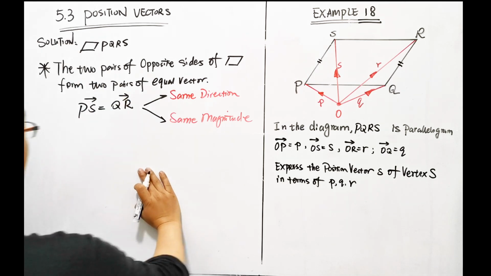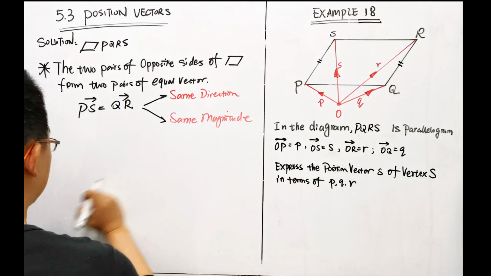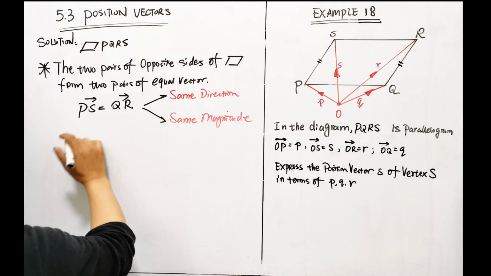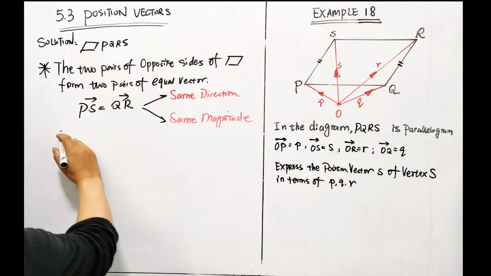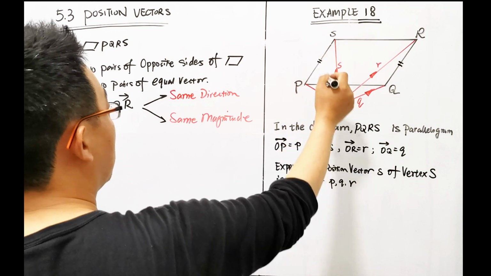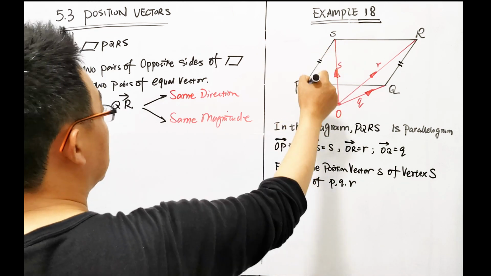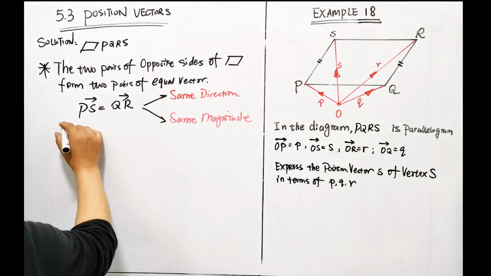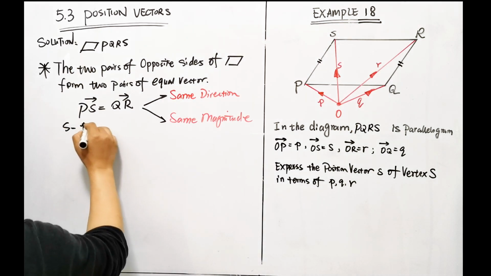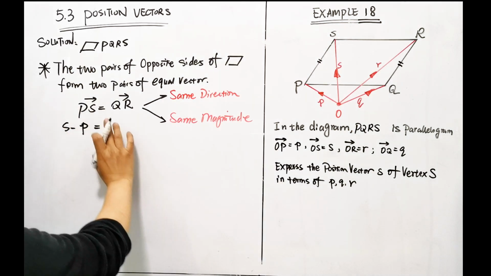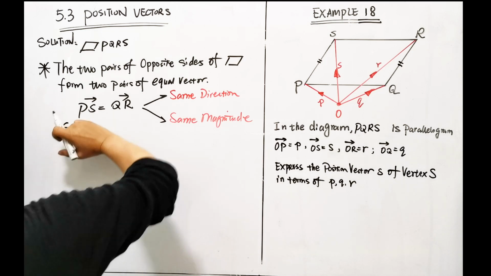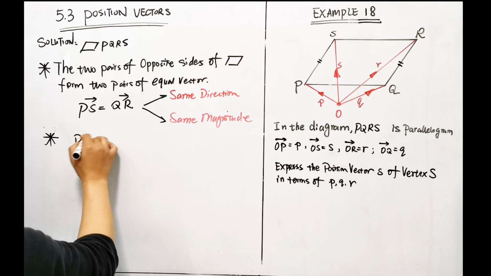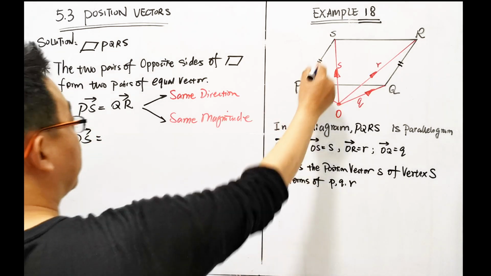Use the triangle law, or subtraction of the two vectors. So PS equals PO plus OS, right? So we can just write here very quickly.